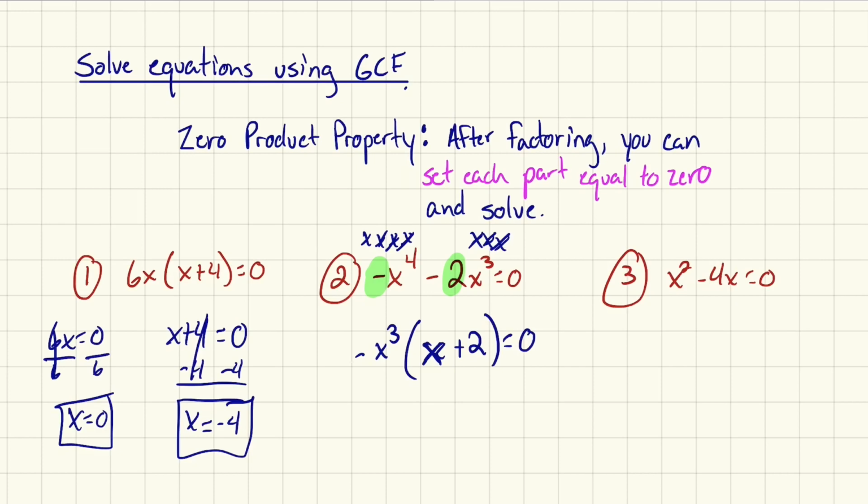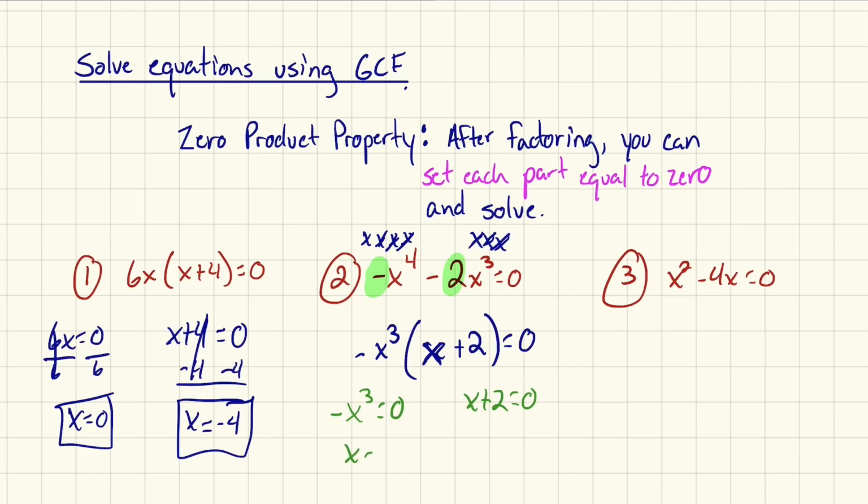All right, so as we go to solve this, now we have our problem that we can use our zero product property on. Zero product property says we take our first thing, negative x to the third, equal to 0, and x plus 2 equal to 0. Well, to start here, we know that what to the third power is going to be 0?